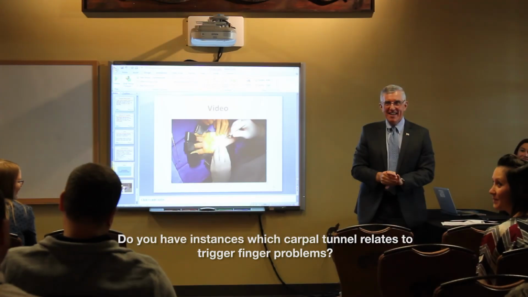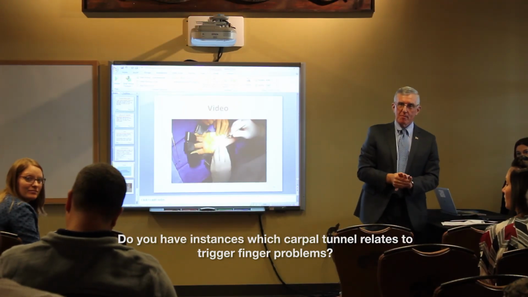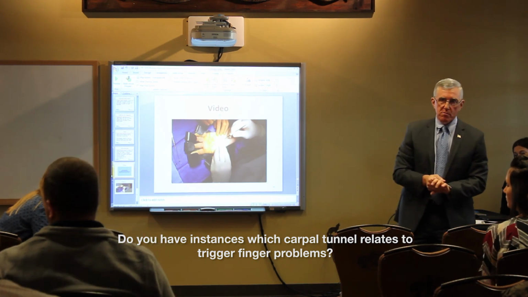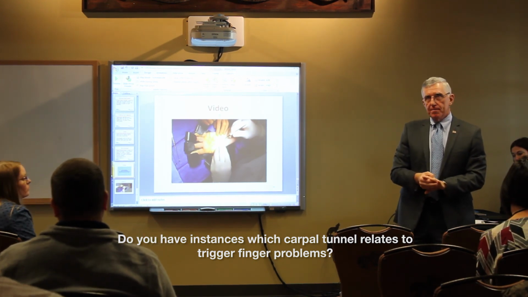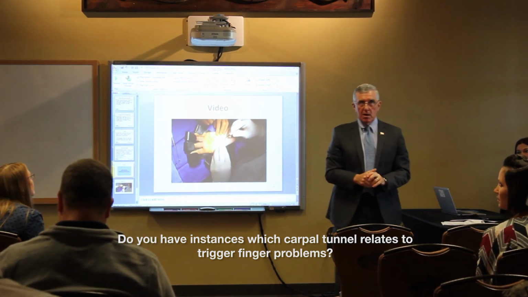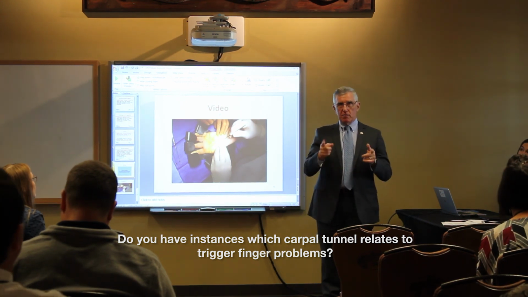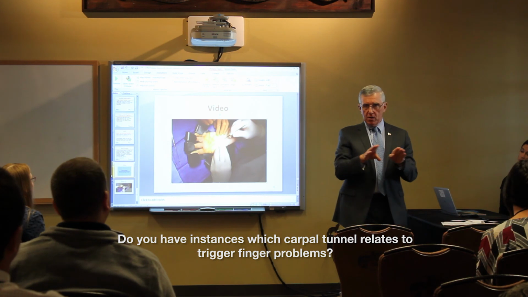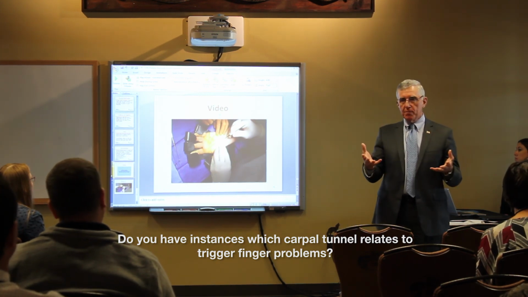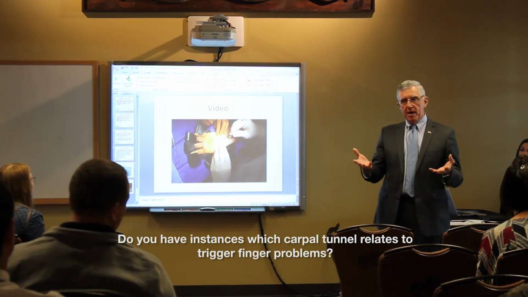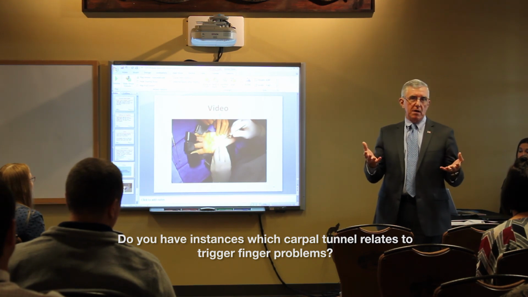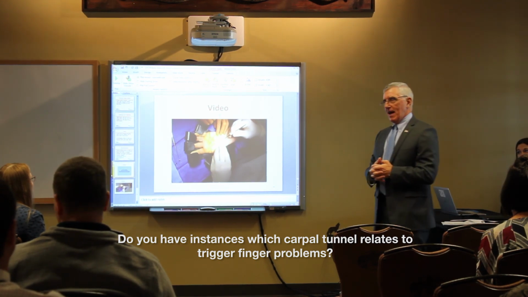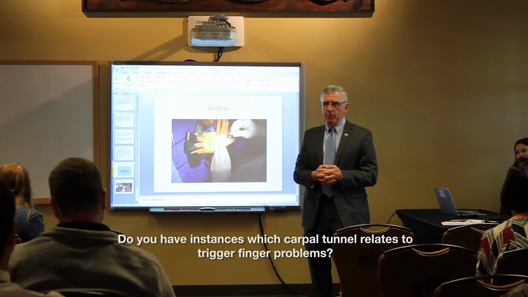Okay? Do you see an association between carpal tunnel release and future trigger finger problems? I know that we have that, but I don't know if they're related causally or if they're separate problems. Both are related to inflammation, so it could be, but I don't know that there's a final answer on that one yet.